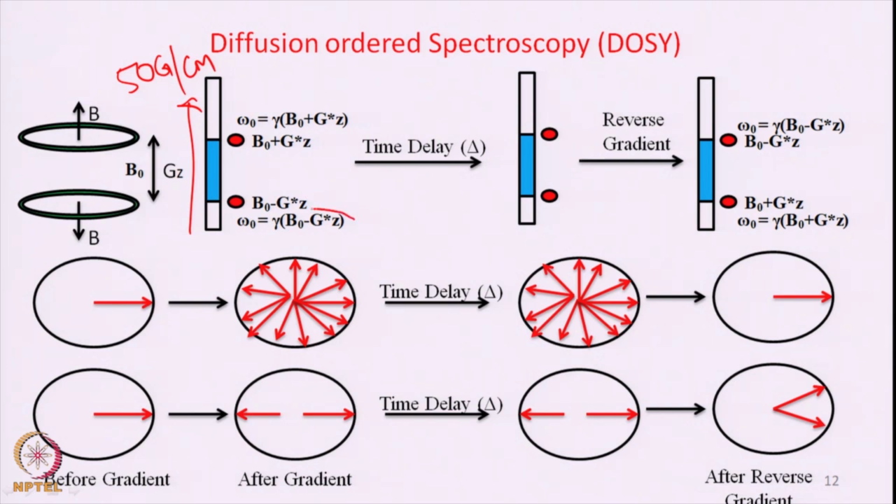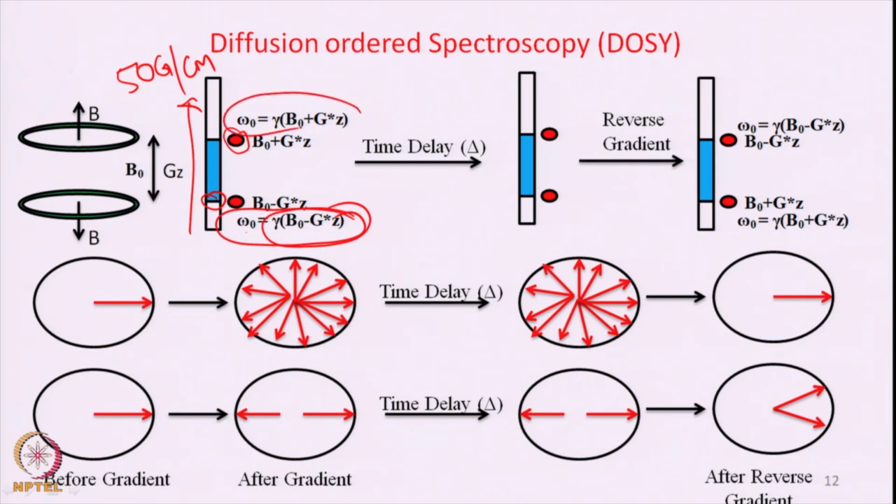That means the Larmor frequency experienced by the molecule here and the Larmor frequency experienced by the molecule there are going to be different. So, here it will be B0 minus G times z, so the Larmor frequency will be gamma times (B0 minus G z), where G is the gradient strength, and it will be plus here.